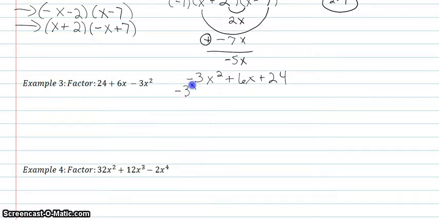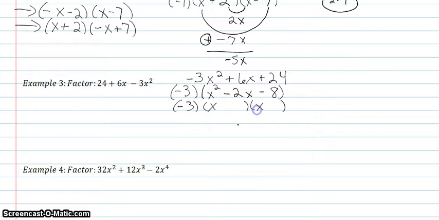So I'm going to put negative 3 on the outside. And then I'll have an x squared minus 2x minus 8. Then I'm going to factor that trinomial into two binomials.